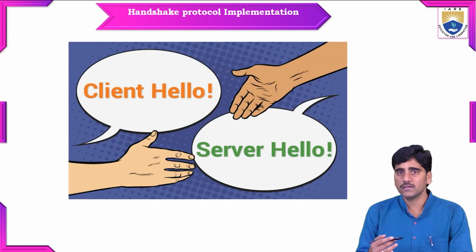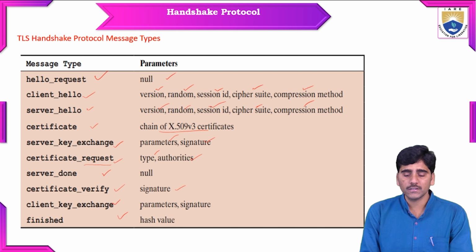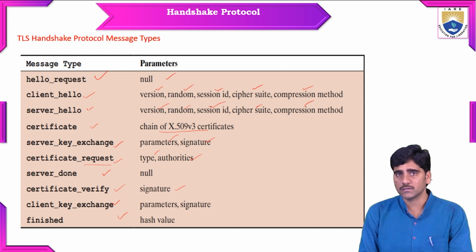Initially they start with the client and server hello connections. These are all the message types which perform handshake protocol operations: hello request, client hello, server certificate, server key exchange, certificate request, server done, certificate verify, client key exchange, and finished.